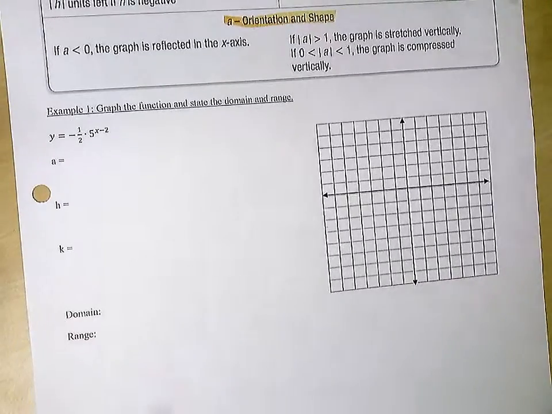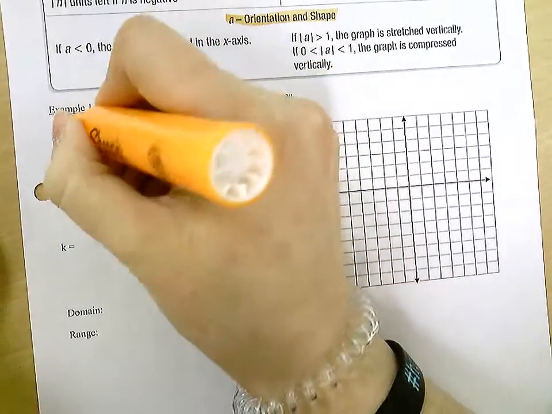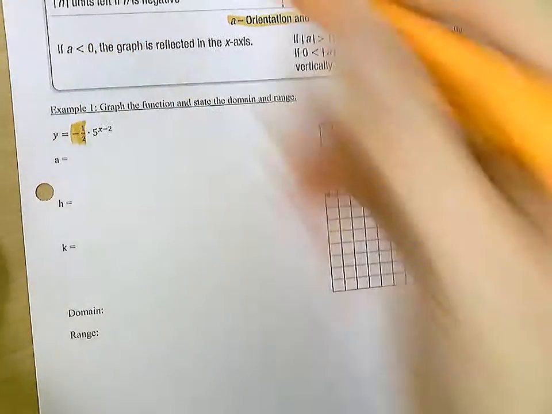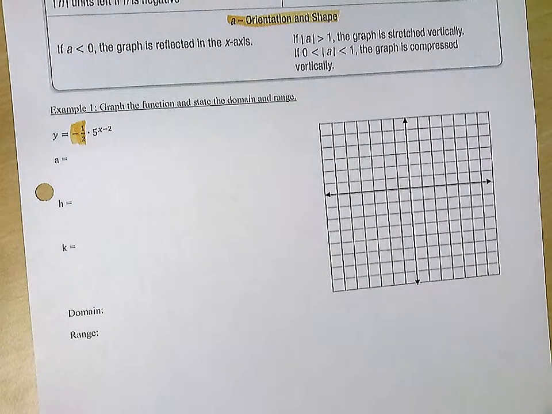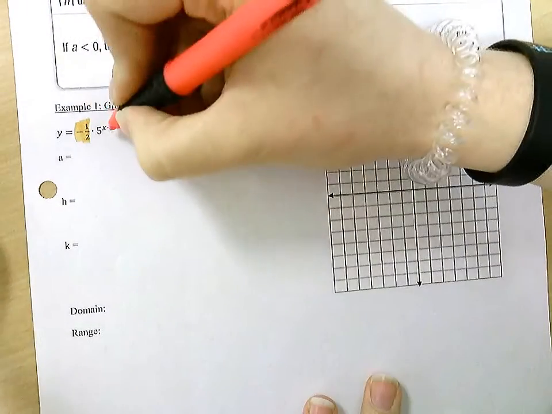So our first problem here, we have y equals negative 1/2 times 5 raised to the x minus 2 power. So we do have an a value here. Our a value is this negative 1/2. I'm going to highlight it the same color I highlighted a. We also have an h value in our equation, and that is this 2 right here.